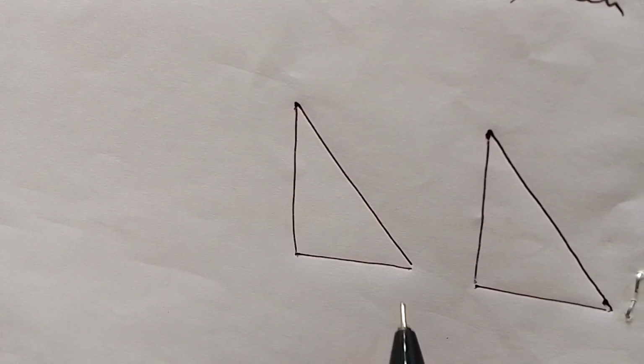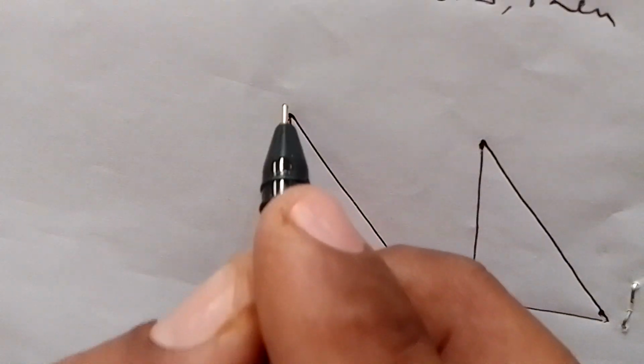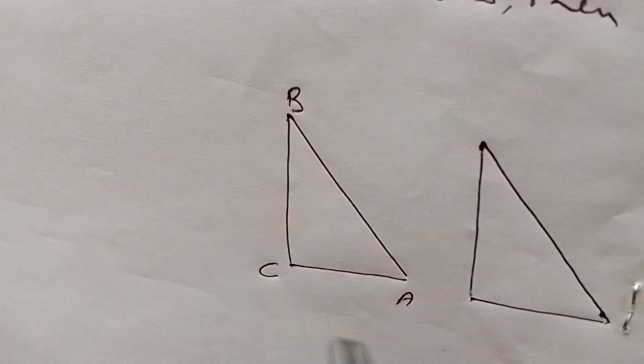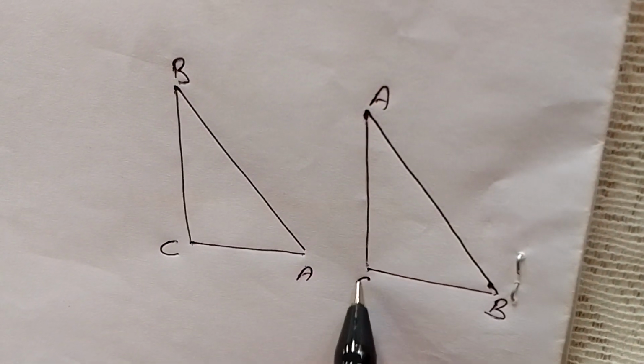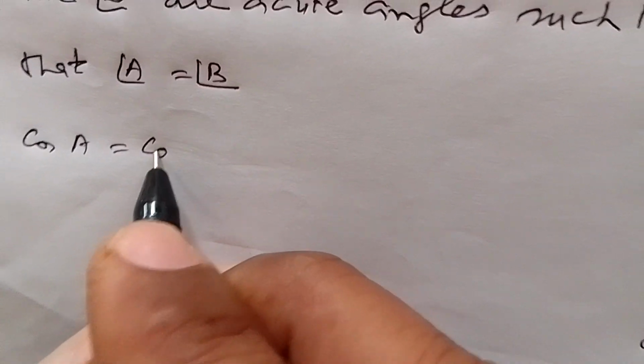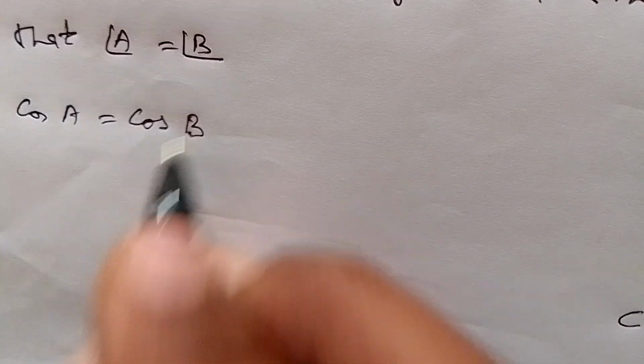First triangle is ABC, second is ABC. We have given that cos A is equal to cos B according to the question.